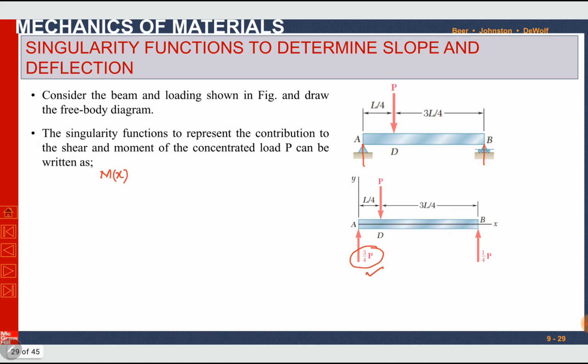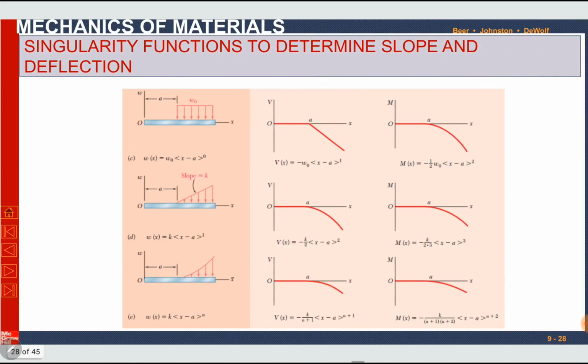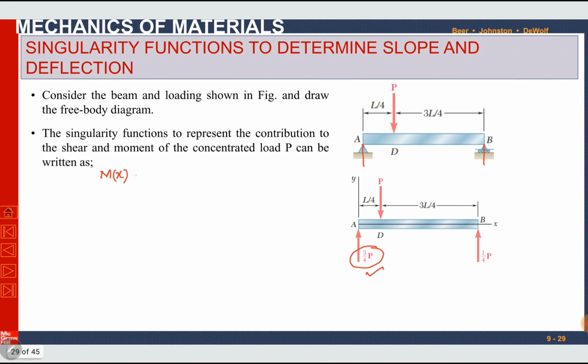For this load, our load is upward, so we will use an opposite sign. The load is 3/4P, and our distance from the left end is 0, so a is 0. So it will be 3/4P into x minus 0 power 1. x minus 0 power 1 is actually x. So we will write it with a positive sign, 3/4P into x.